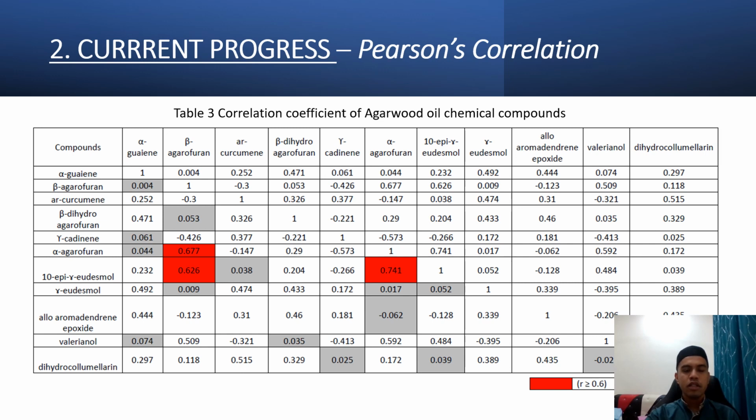The correlation between alpha-agarofuran and beta-agarofuran is 0.677, while 10-epi-gamma-eudesmol with beta-agarofuran gives 0.626, and 10-epi-gamma-eudesmol and alpha-agarofuran give 0.741.